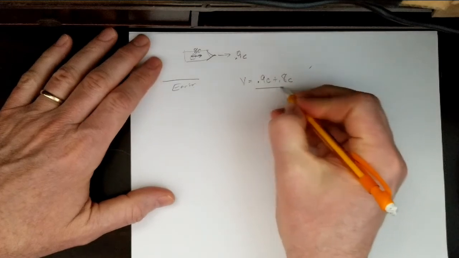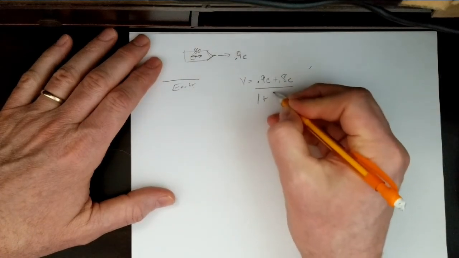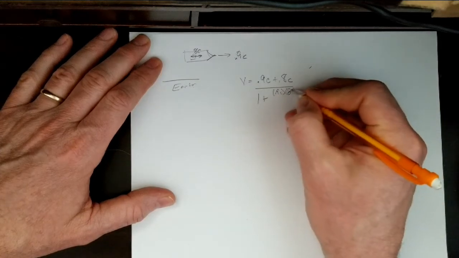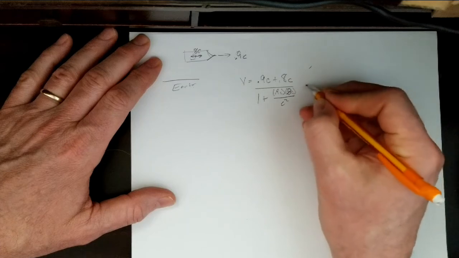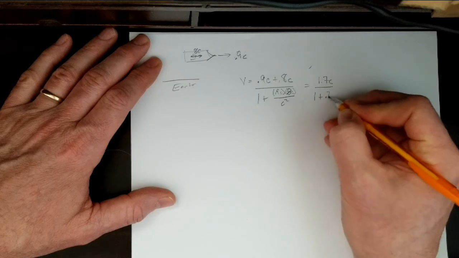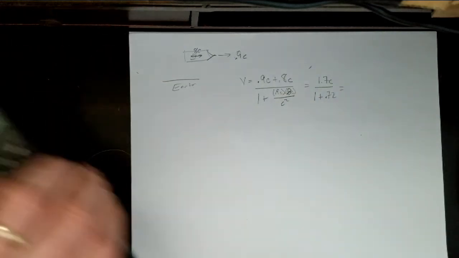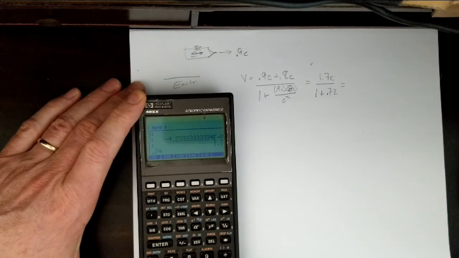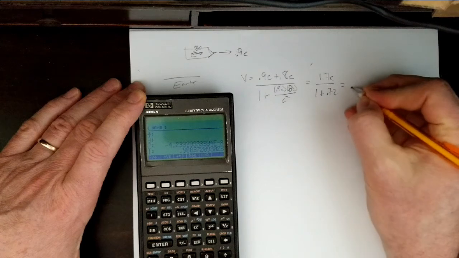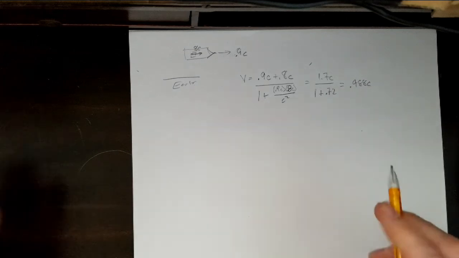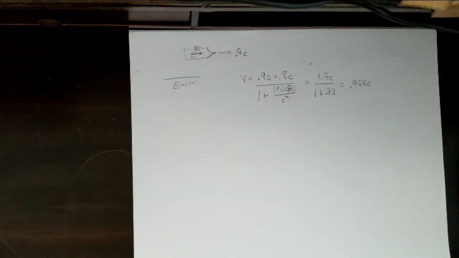But now we divide by 1 plus, same sign, the product of the two velocities over c squared. And so we end up with 1.7c on top, and on the bottom, 1 plus 0.72, so 1.72. Divide by that, and I end up with 0.988 times the speed of light. That is how fast the ball would be going relative to the Earth. And that's how you work the relativistic velocity addition problems.